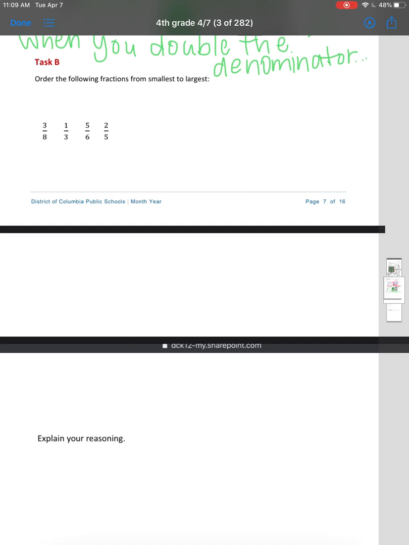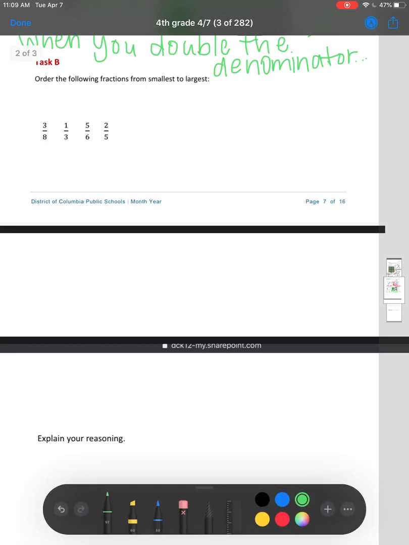I'm going to go back to a number line strategy that we used, because if you were sitting here trying to figure out how to order these from smallest to largest, my first thought was, let's create the same denominator. But finding the least common multiple between all of these fractions is really difficult. It's not very easy. It's actually very big.